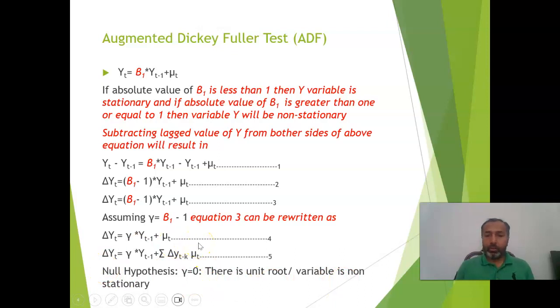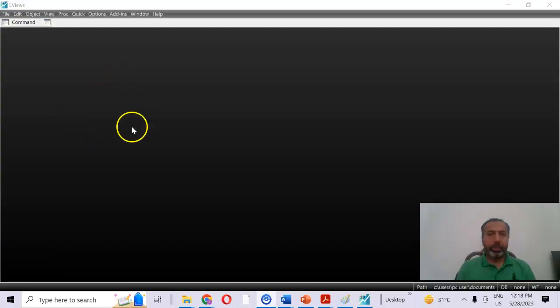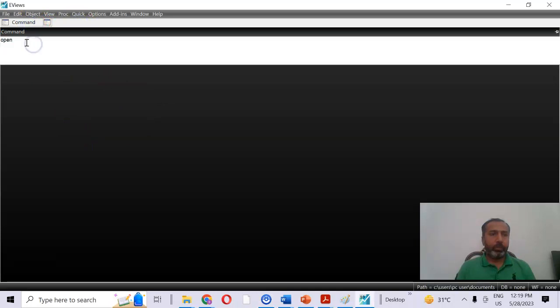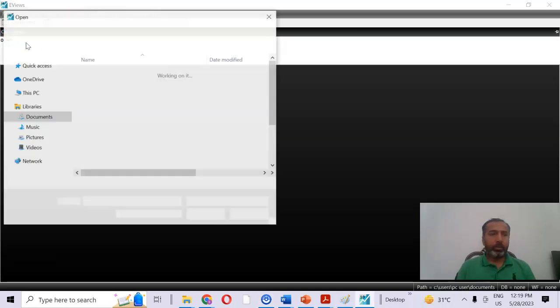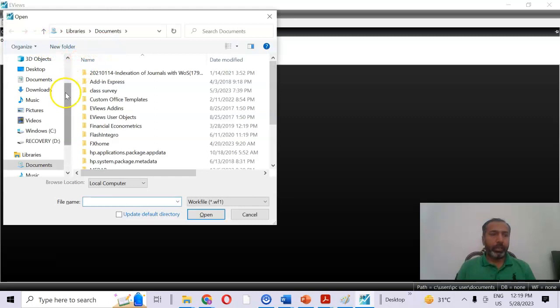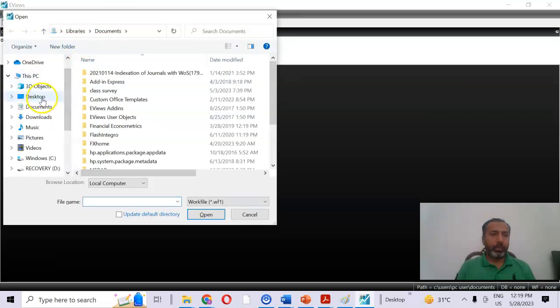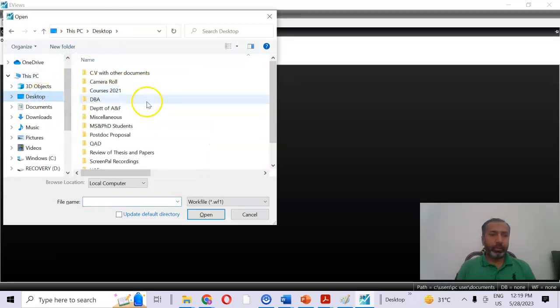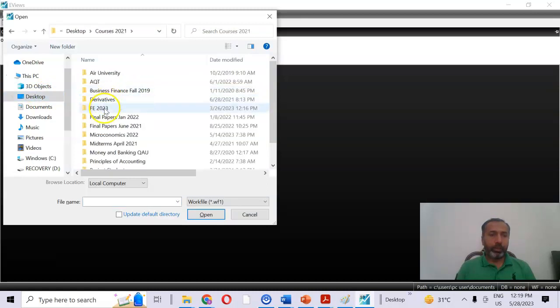Now we shall go to EViews and see how to run the augmented Dickey-Fuller test and how to interpret its result. Okay, here we are now in EViews. In the command window, we shall type open to open the file where we have saved it. So go to the file where you have saved it on your laptop.